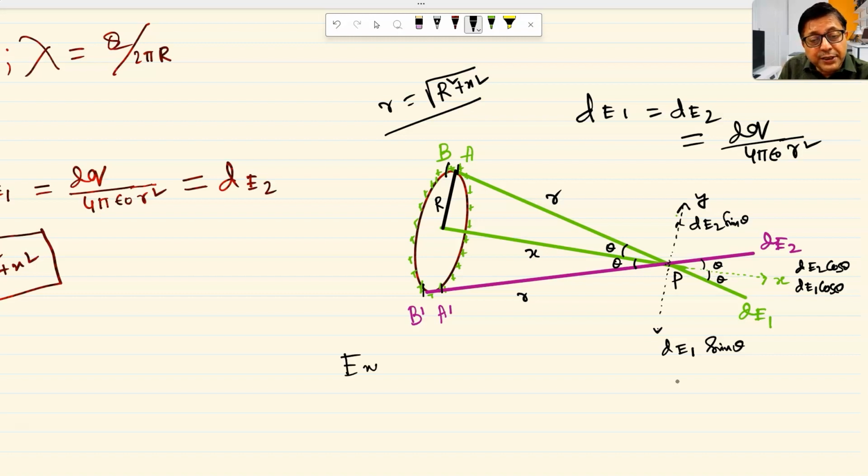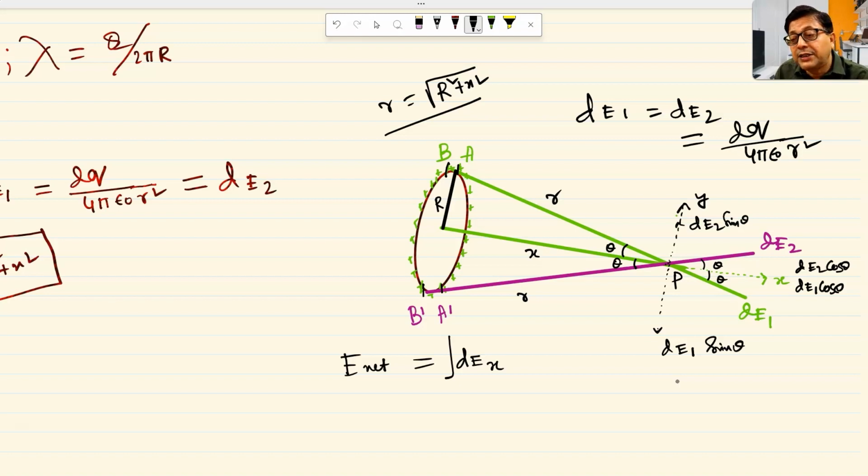So E net equal to what? That is dE along x-axis, this integration. Okay, because all parts will be added over there. Every part has a symmetrically opposite or diametrically opposite portion, so they get cancelled.